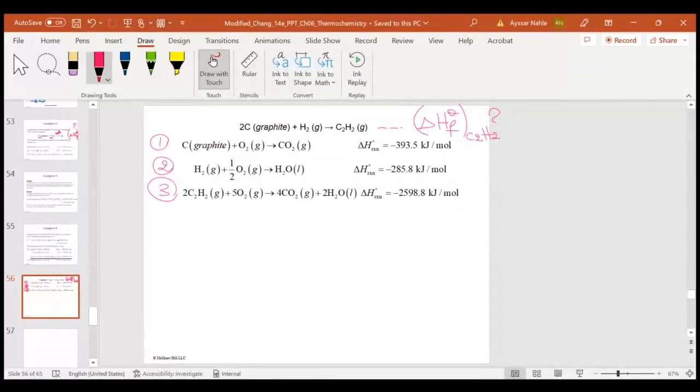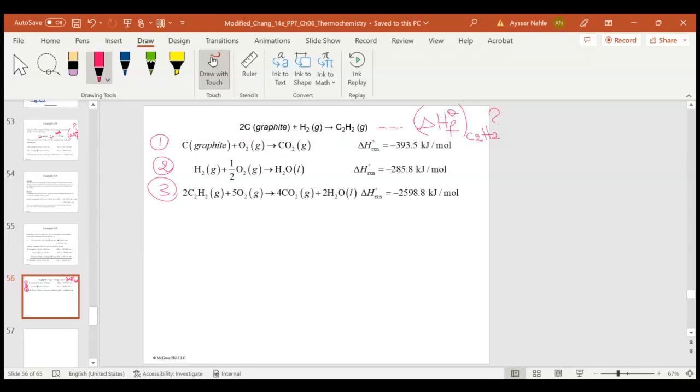Okay, rule number 1, if you reverse the thermochemical equation, you must reverse the sign of the delta H. Rule number 2, if you multiply or divide the thermochemical equation by any coefficient, you have to do the same with the delta H. Rule number 3, if I want to cancel any component or substance in the thermochemical equations, they must have the same physical state. Meaning H2O liquid, if I have H2O gas, I cannot cancel them. All right, so those are the rules.